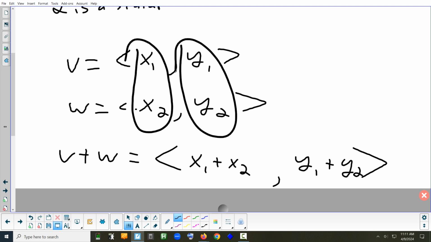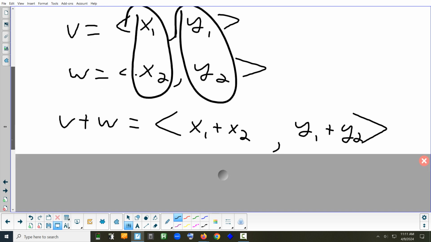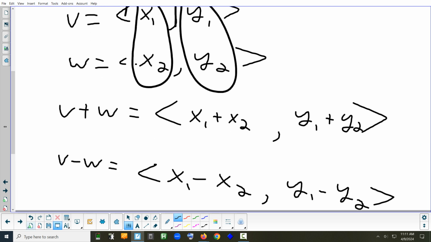No sketching at all. Subtraction is pretty much the same idea. If you want to subtract 2 vectors, visually, kind of a pain. You got to take the second vector, you flip it around, and then you add it. Numerically, very simple. Subtract your horizontal components, subtract your vertical components.